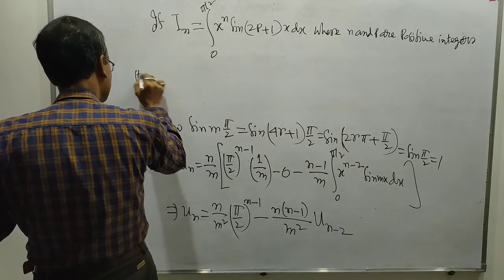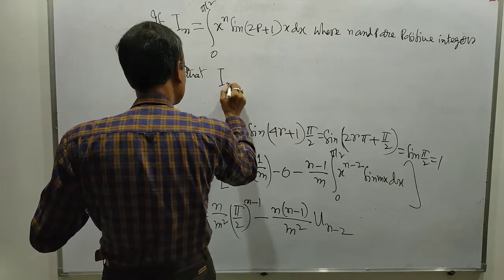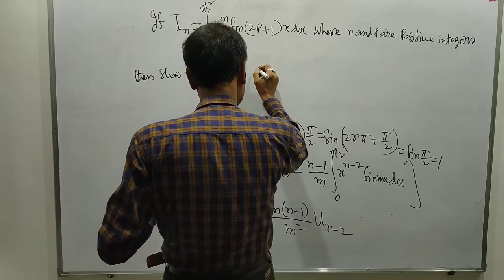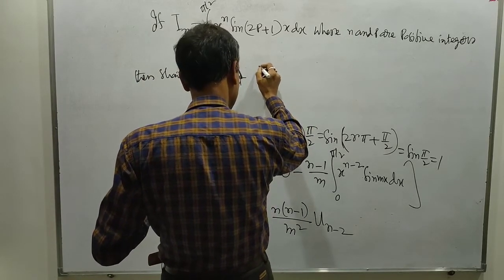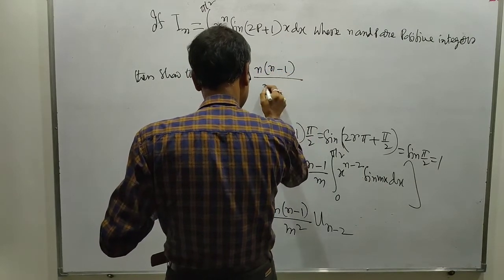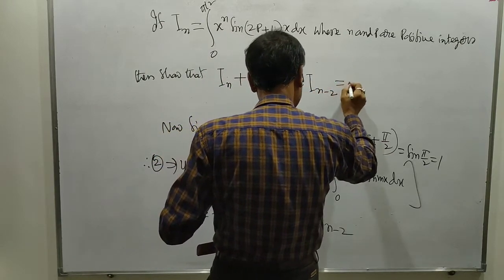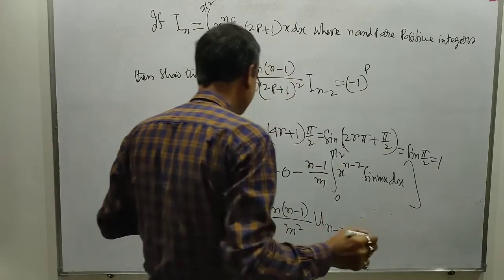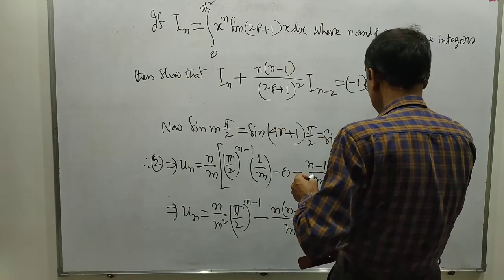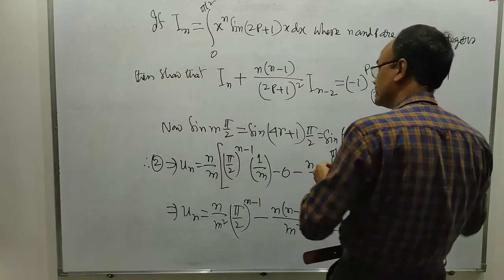Then show that I_n plus n(n minus 1) divided by (2p plus 1) whole squared, I_(n minus 2), equals minus 1 whole to the power p, n divided by (2p plus 1) whole squared, (π/2) to the power n minus 1.